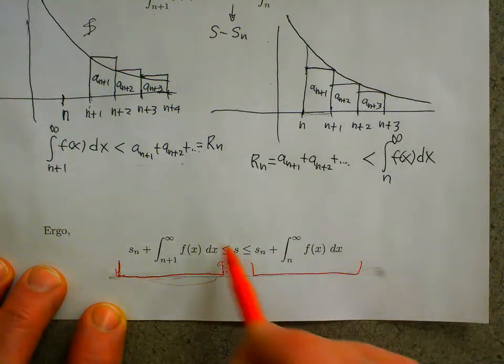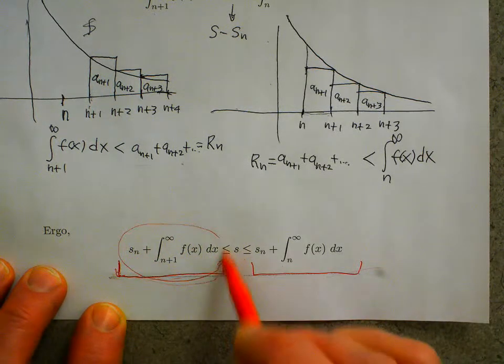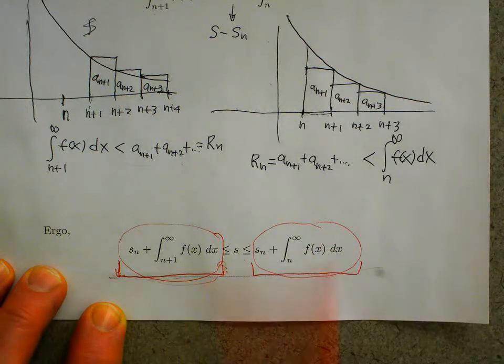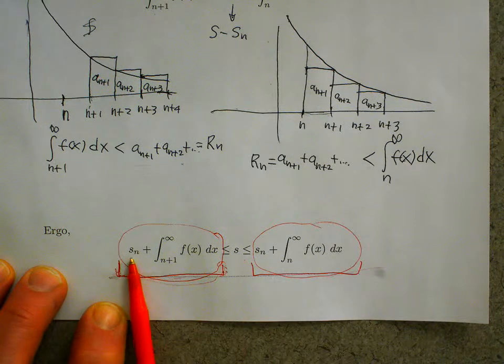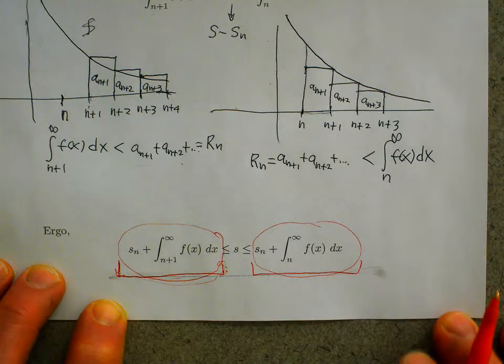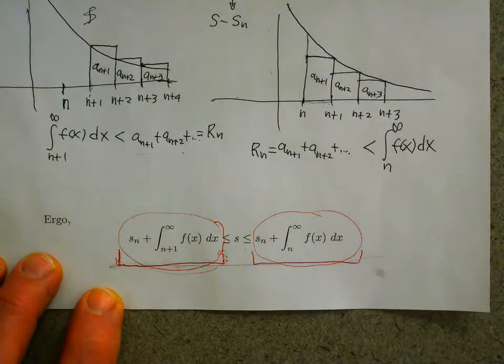So in other words, if you take the average of this number on the left and the number on the right, the average of those two numbers will be a better approximation than s sub n is. If that's not clear, maybe in our example it will be more clear.